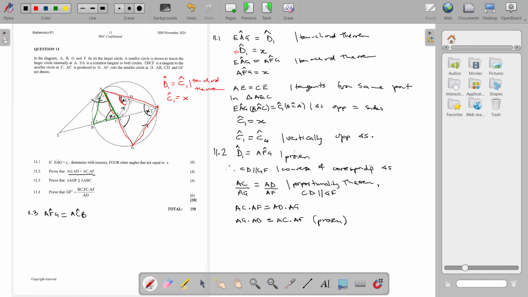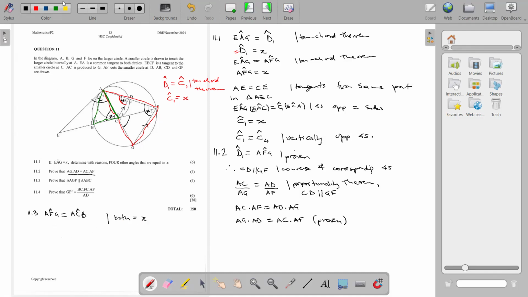If you check that angle ACB, it has been calculated already. Both are equal to x. It has been calculated long back.